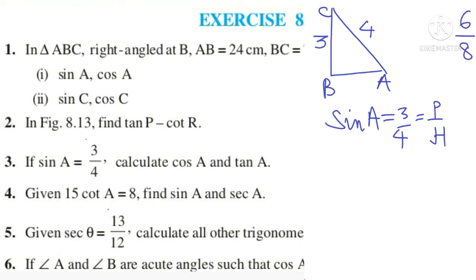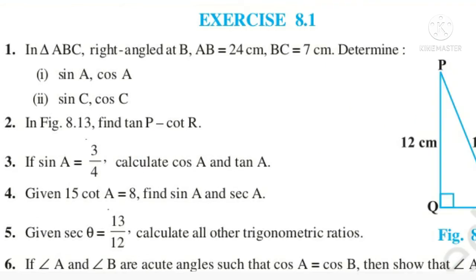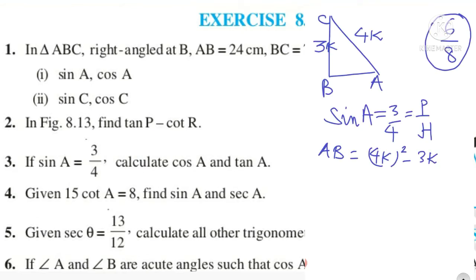Even then the ratio comes out to be 3 by 4. So to avoid this confusion, we use a K factor. So perpendicular is 3K units and hypotenuse is 4K units. So we apply K, and to get the value of AB, applying Pythagoras theorem, AB is equal to the square root of 4K square minus 3K square.